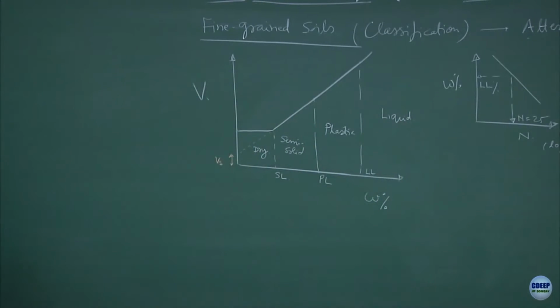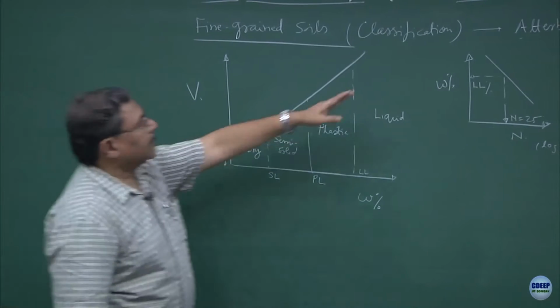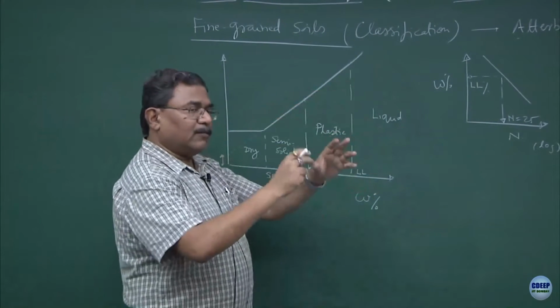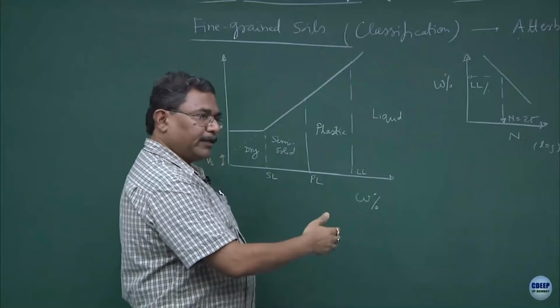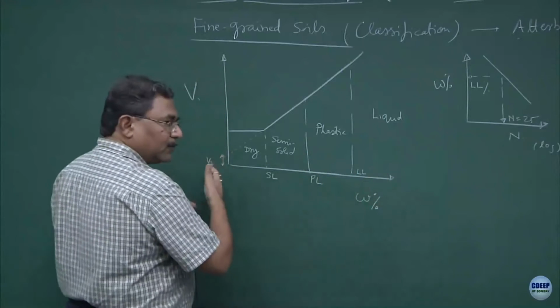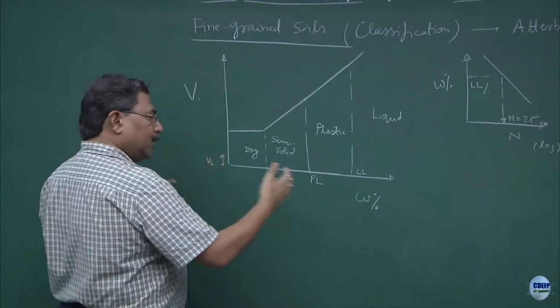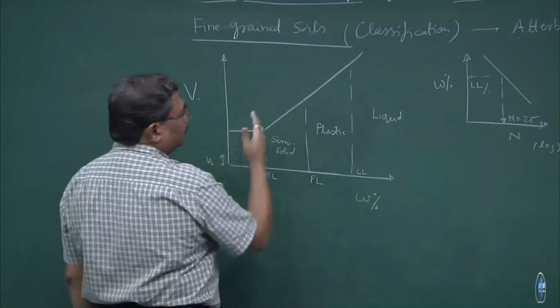Normally, these tests are done starting from the right hand side. So, you make a slurry of the soil and start drying it. So, you are traversing opposite to the moisture content, you are decreasing the moisture content and you are crossing over these boundaries.